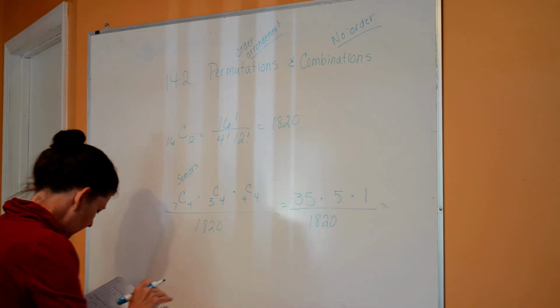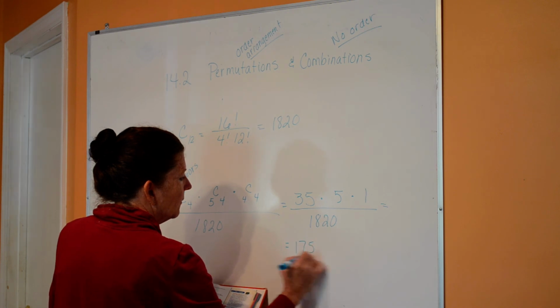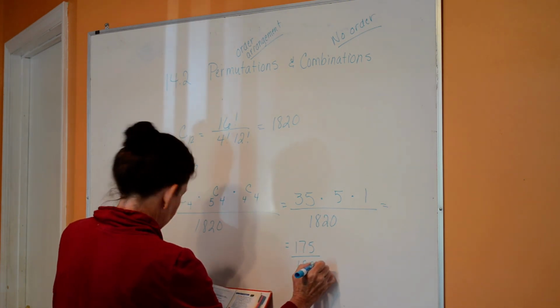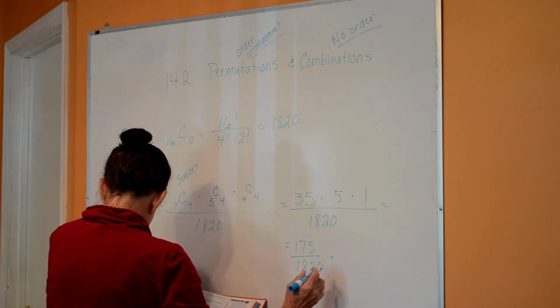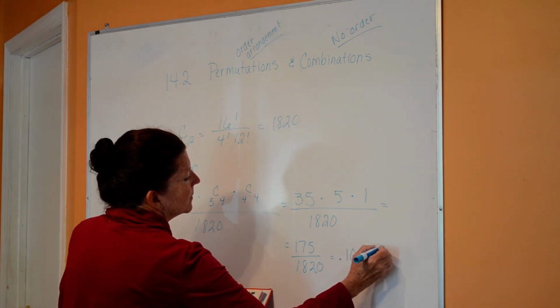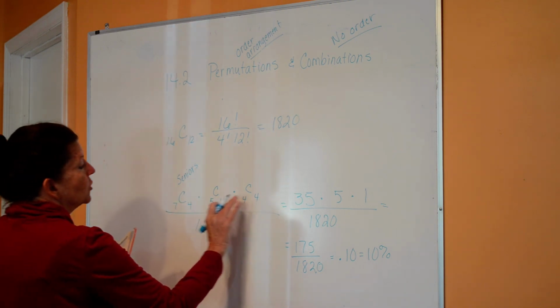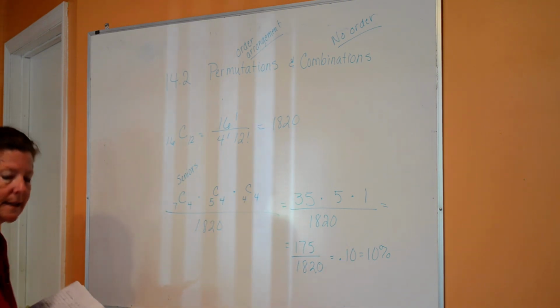Use your calculator there. You're going to find out that that's equal to 175 over 1,820, which is going to give me decimal 0.10 or 10%. The probability of choosing 4 seniors, 4 juniors, and 4 sophomores is 10%.